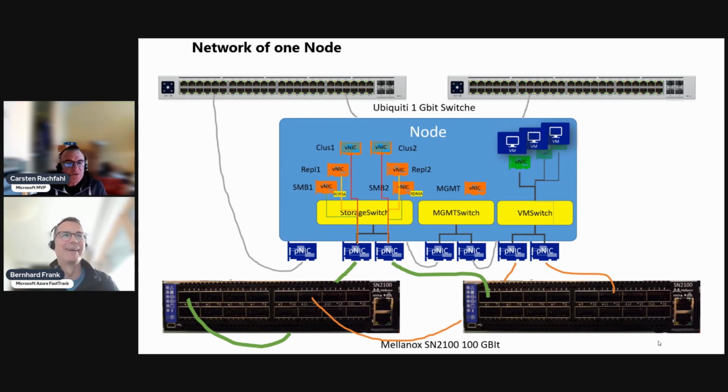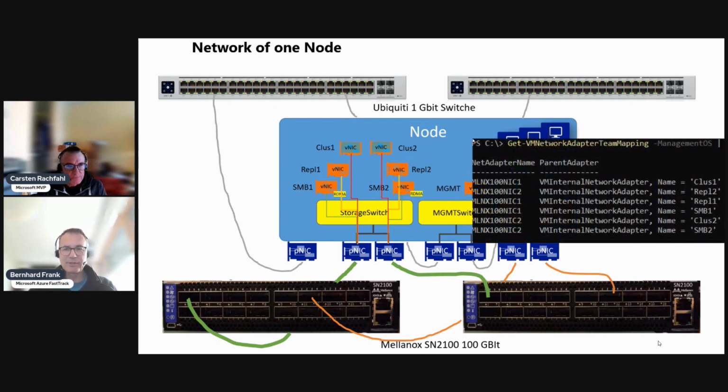So now let's look at four nodes. But first of all, it's maybe worth mentioning the adapter teaming that we did in our setup, just to make sure that the virtual adapters you have on top are pinned to the physical NIC port.